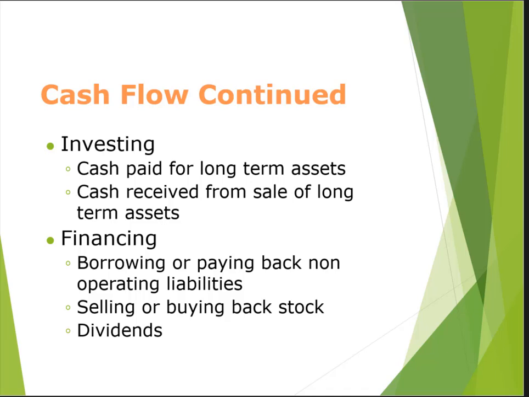Because what happens when you sell property, plant, and equipment is property, plant, and equipment goes down. When you buy it, it goes up. So if you put them side by side and you just see a change, you can't really know what happened exactly, because it may have gone up because of the purchase, but they also had a sale.